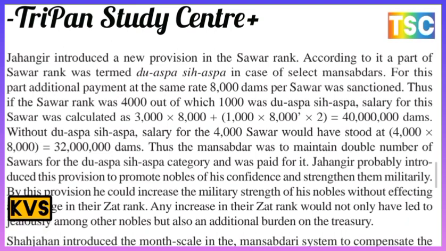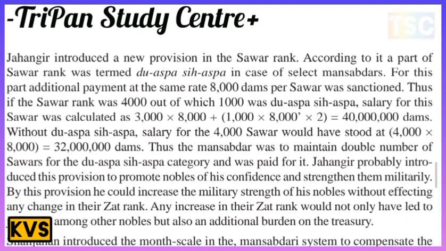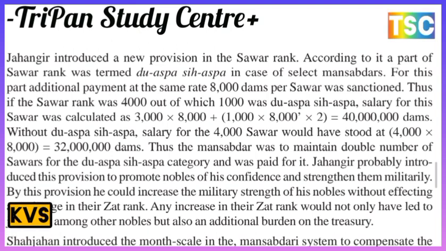For this, additional payment at the same rate of 8,000 dams per Sowar was sanctioned. Thus if the Sowar rank is 4,000, out of which 1,000 was du-aspa sih-aspa, the salary for the Sowar was calculated as 3,000 into 8,000 plus 1,000 into 8,000 into 2, which is equal to 4 crore dams.